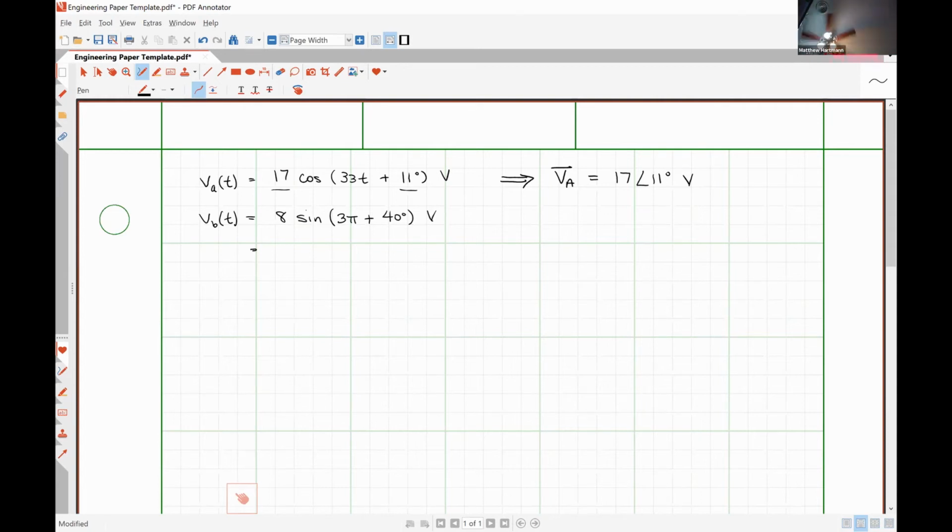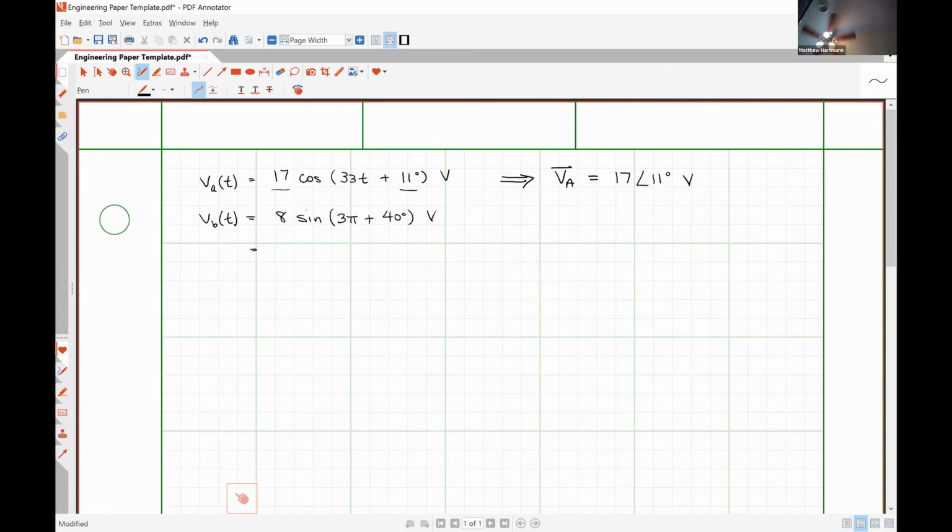All right. So we subtract 90 degrees to go from sine to cosine.